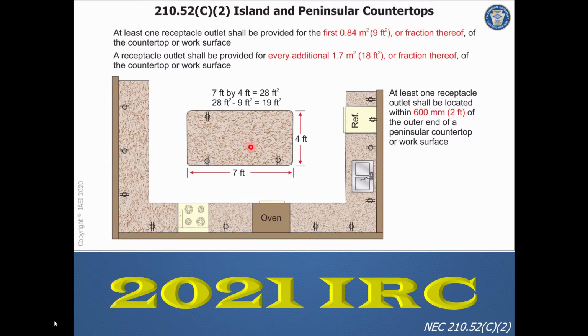I get asked the question sometimes, if I need 2 receptacles, can I put a duplex receptacle outlet or a duplex receptacle and satisfy this rule? And the answer to that is no. Because what's called for here in this language here is receptacle outlets.